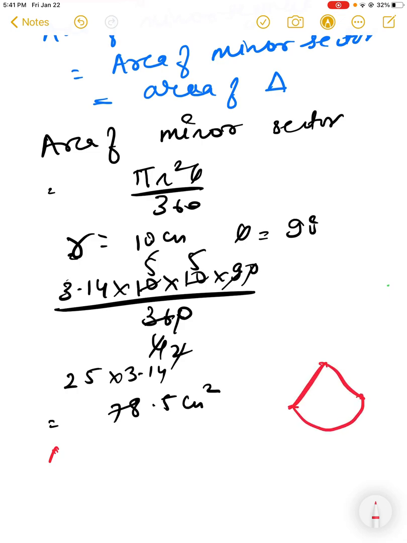So, here a right angle triangle is formed. This triangle I am highlighting here. This triangle is a right angle triangle. This is 10 centimeters. So, this triangle's area we have to find out.